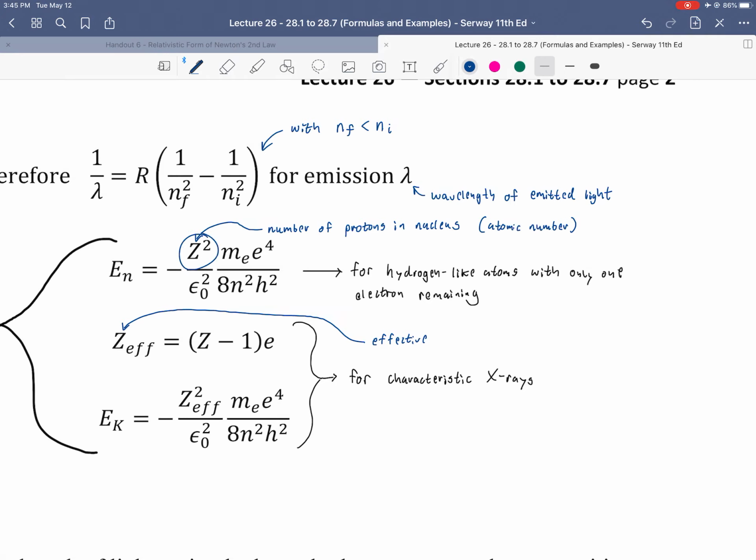And the reason that we have an effective atomic number rather than just the straight up atomic number like we used for hydrogen-like atoms is that the hydrogen-like atoms were hydrogen-like. They literally only have a single electron. Well, these are not hydrogen-like. We never said they just have a single electron. We just said that we're freeing one of the electrons in the K shell. Well, that means there's 2 electrons that fit in the K shell. And again, this goes back to the other quantum numbers like spin.